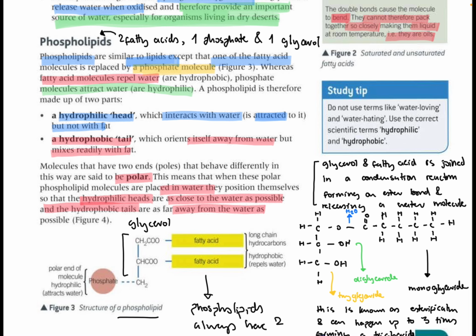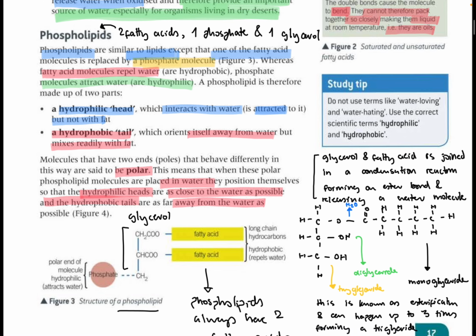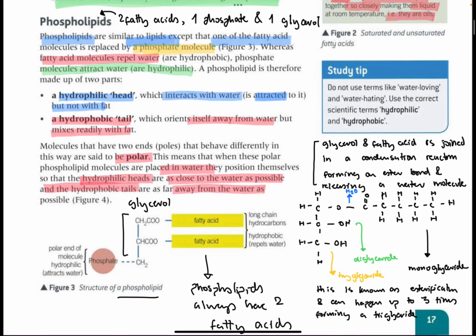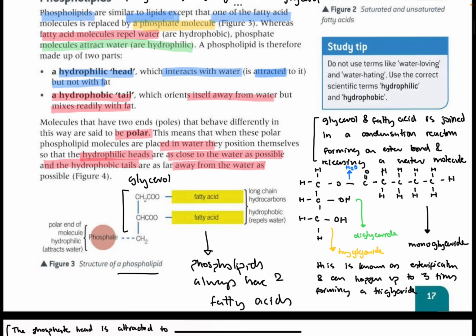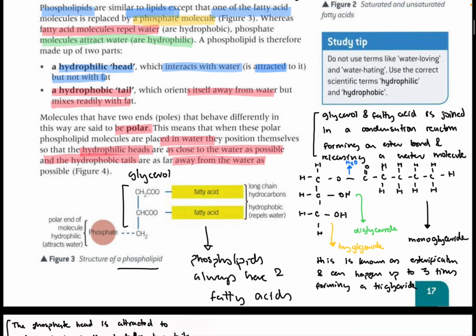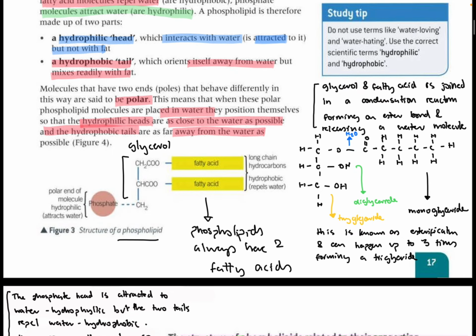So they're toward the inside, and it just creates a little bilayer. So the hydrophilic head and then the hydrophobic tail. Now, this means that phospholipids are polar, and that's just our little phospholipid diagram.